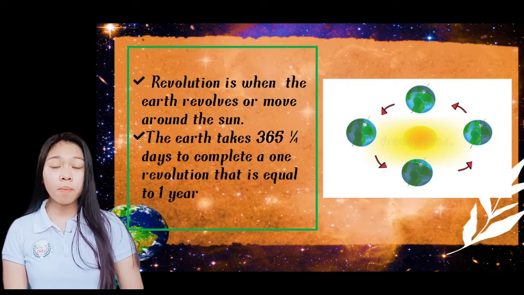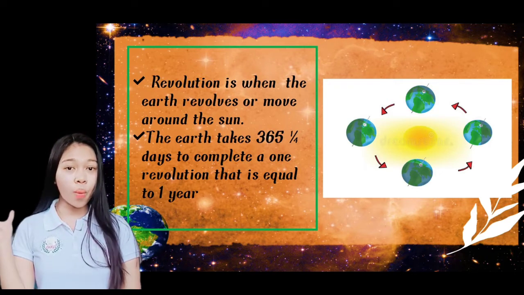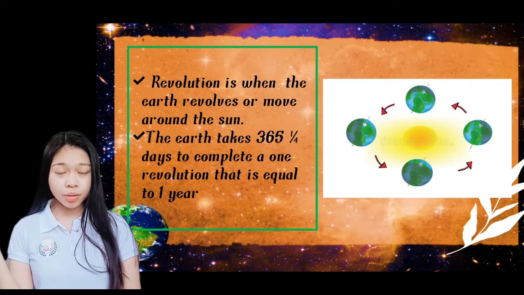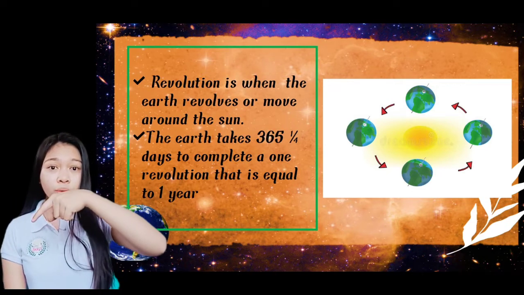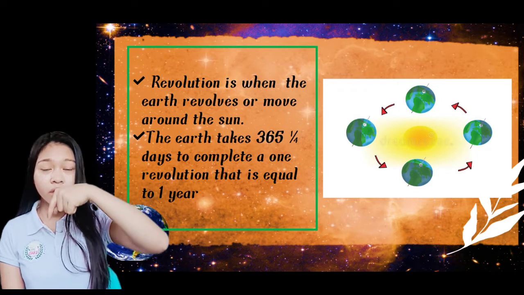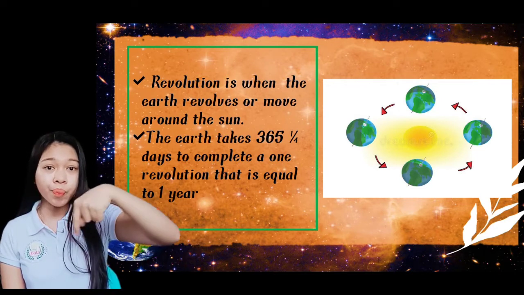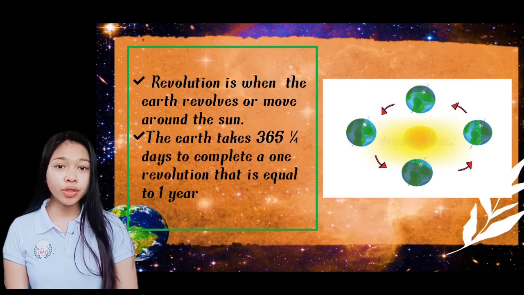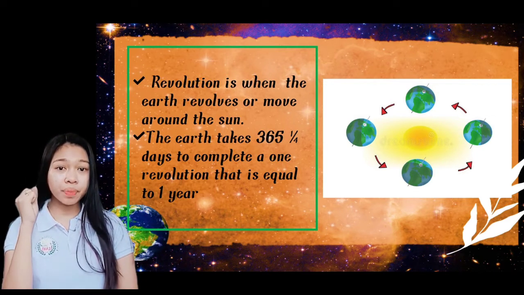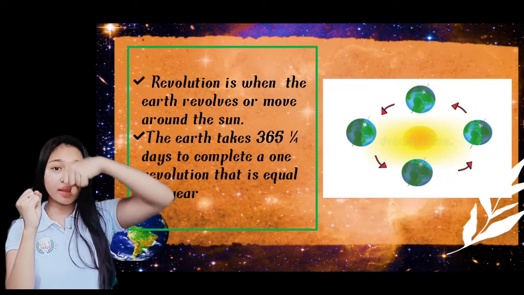While in revolution, as you can see in our presentation, there is an arrow na parang nagtuturo na parang iikot yung earth doon sa sun. And doon na nangyayari yung revolution. Means, ito yung sun and ito yung earth.